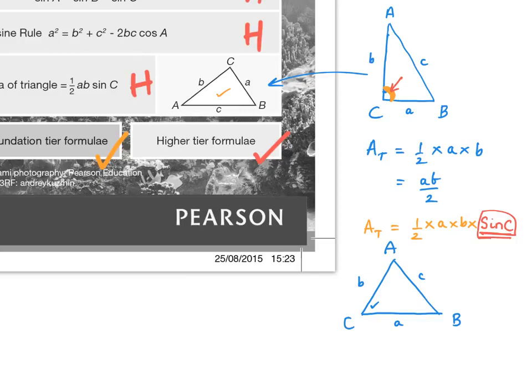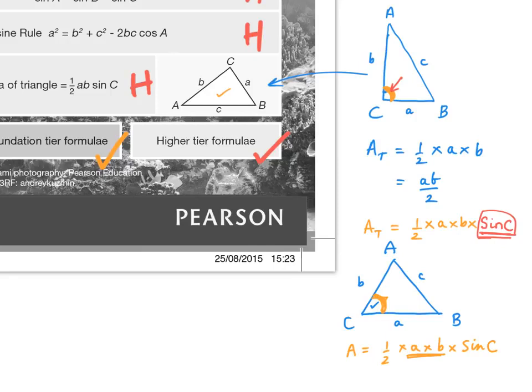Then we can say to ourselves, well, the area of the triangle, if this was a right angle, would be a half times the base times the perpendicular height, which would be B. But we know that this one isn't a right angle, so all we have to do is times by the sine of the angle that makes A and B happen. Okay, so if you think about it, if you have A and B, they make this angle, and that's the angle that we have to have here. So it would be the sine of C.